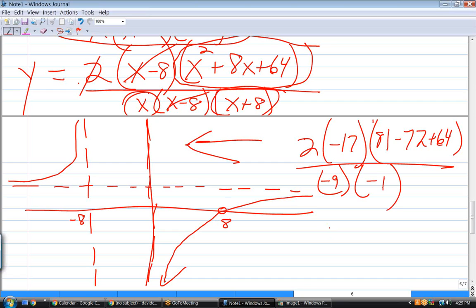We have, let's see, that number is 73. That number is -34. So we have -34 times +73, all divided by 9, which is a negative number.